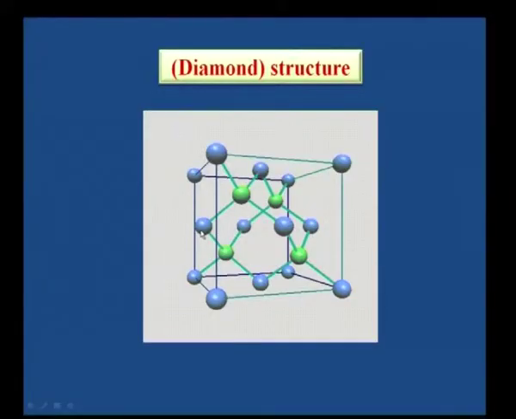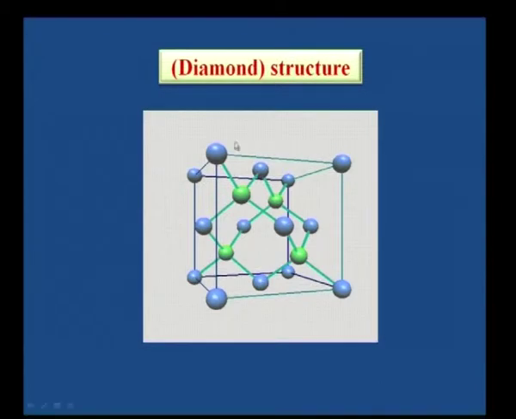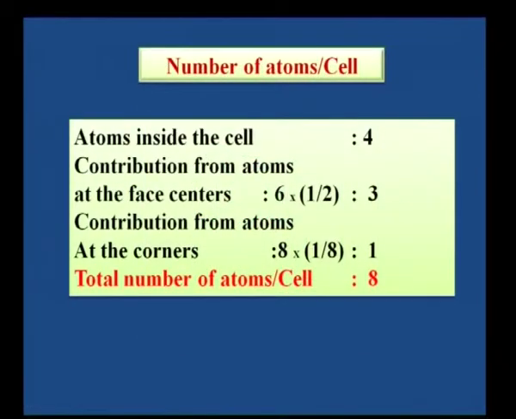On the other hand, you have atoms at the face centers; there are 6 faces. You have this bottom face with an atom at the face center. The contributions from the atoms at the face centers and the atoms at the 8 corners are tabulated here. Atoms inside the cell are 4. I am trying to calculate the total number of atoms per cell.